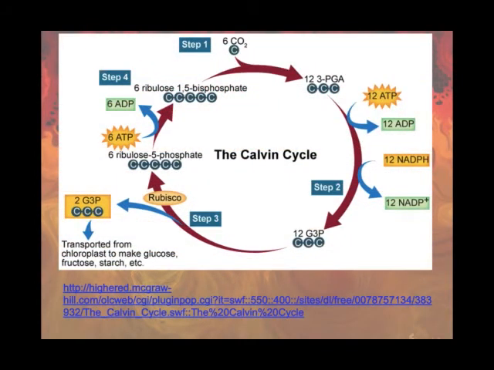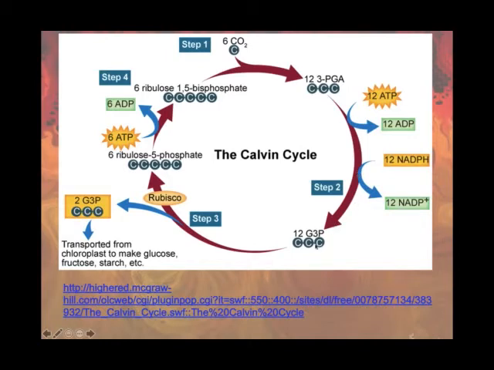So here's an overview of what's going on. Here's our carbon dioxide coming in. They hook up with this 5-carbon thing that we already have and make 12 molecules of 3-PGA. 12 ATP get turned into 12 ADP. And we have some NADPH, which gets the hydrogen stripped off of them.